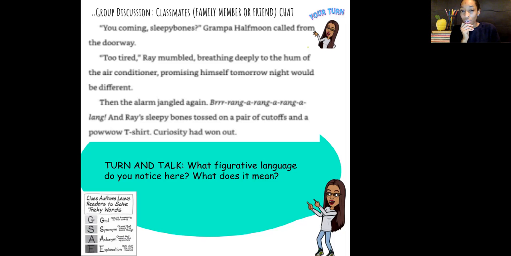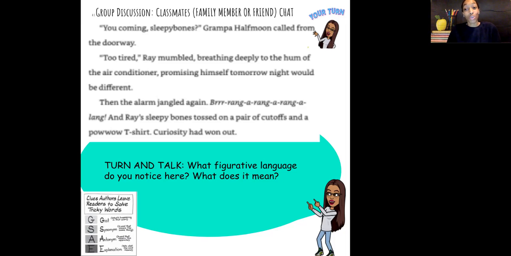Anywhere else you noticed figurative language? I definitely see bring-a-ling-a-ling-a-ling again, which is onomatopoeia. That's figurative language again, giving us the sound effect. Oh, here we go again. Ray's sleepy bones tossed on a pair of cutoffs.